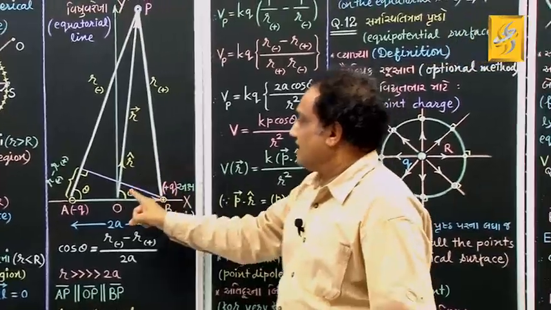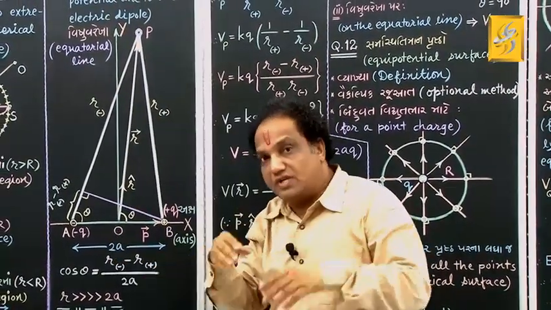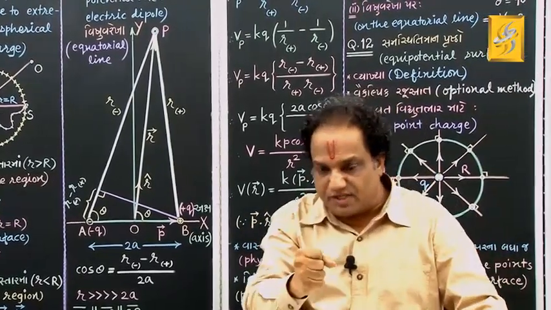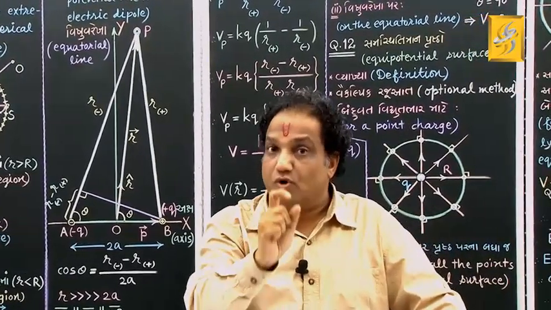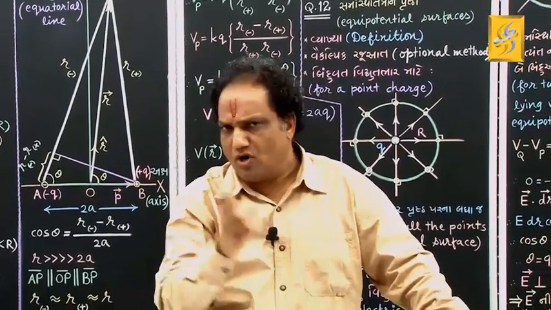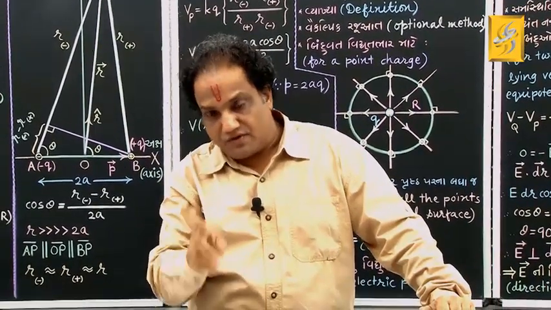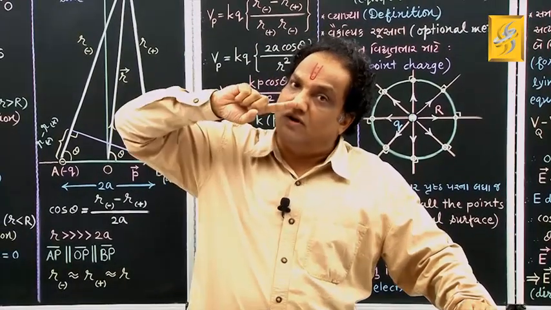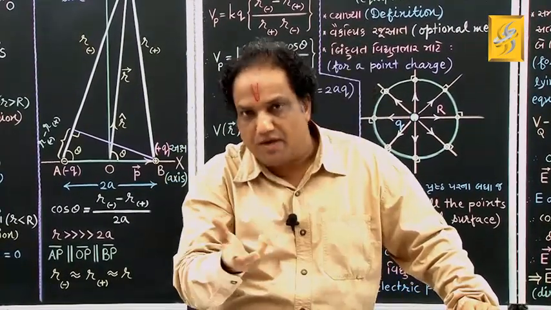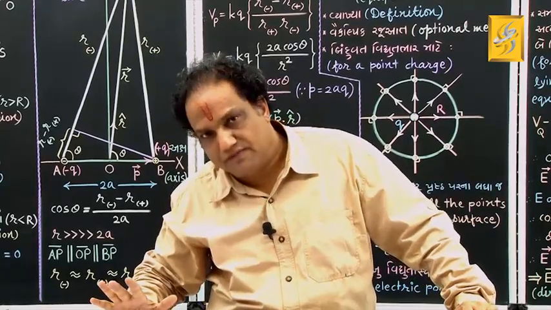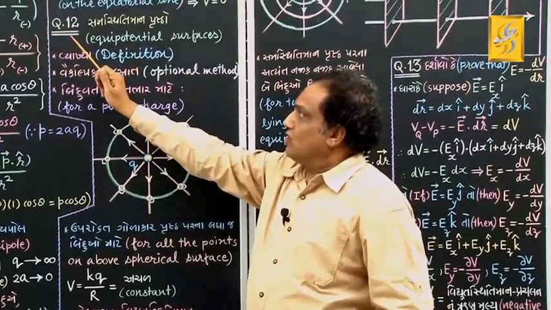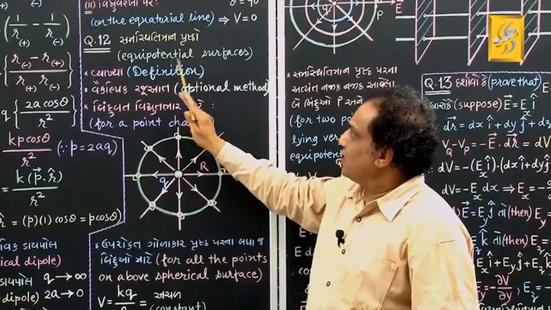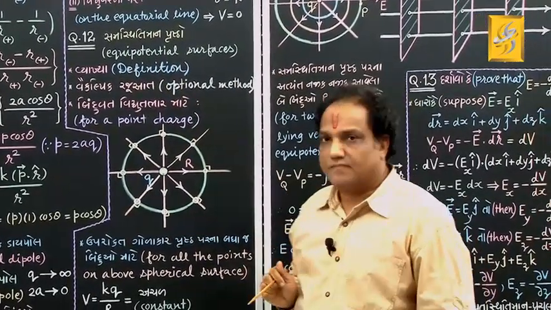Here, when electric field is there, potential may be, may not be. So whenever electric field is present, it is not necessary that potential must be there. It may not be. And reverse, when potential is there, it is not necessary that electric field also must be there. Got it? Let us go for question number 12 about equipotential surfaces.